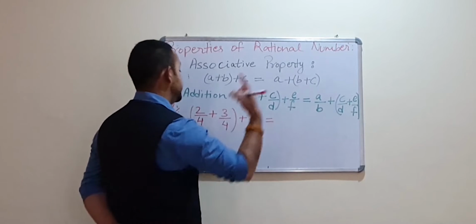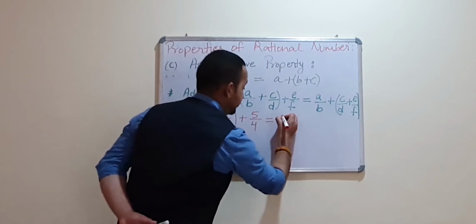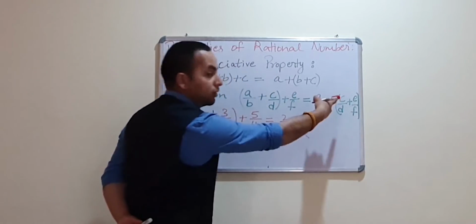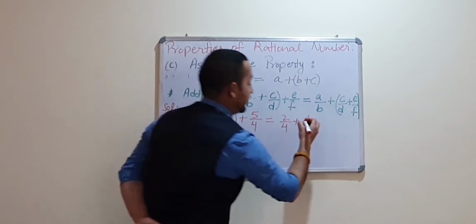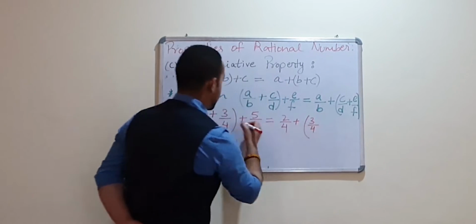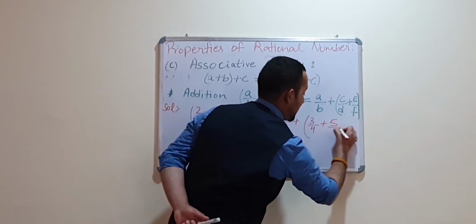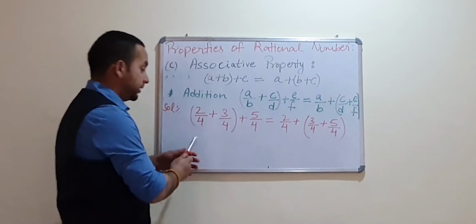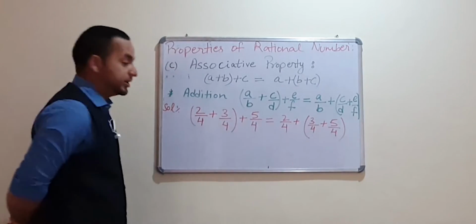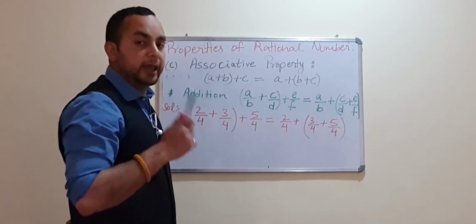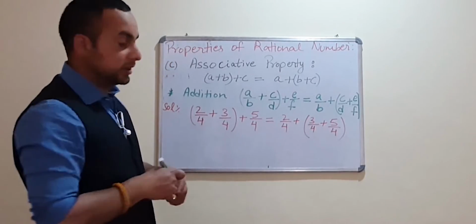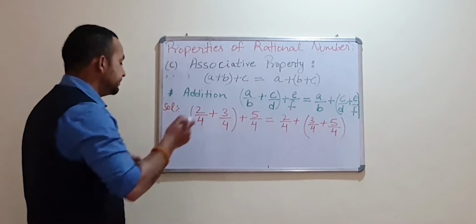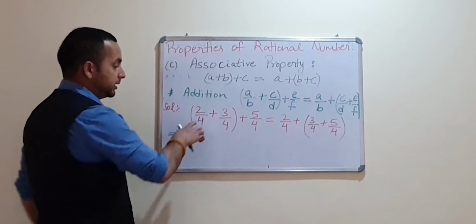Similarly on the right hand side, in place of a/b we substitute 2/4, plus the bracket with 3/4 plus 5/4. The denominators are the same here, so we solve the bracket first.